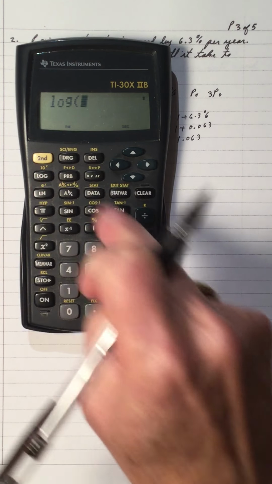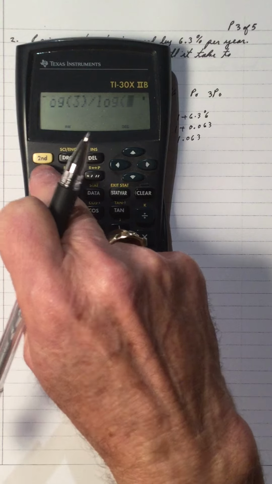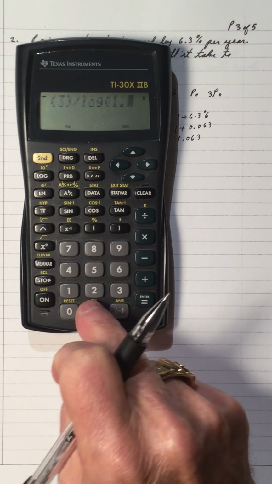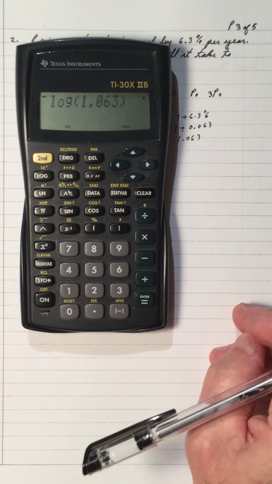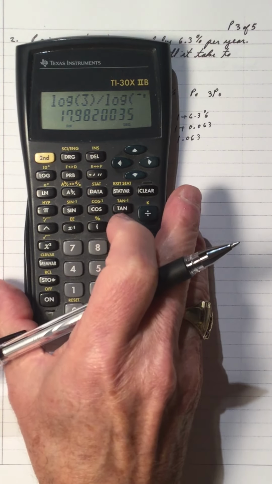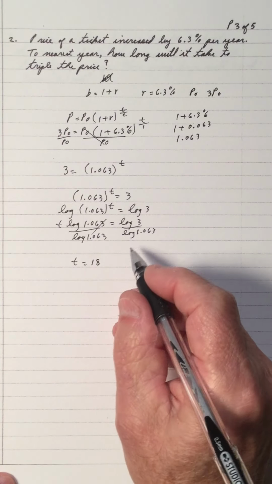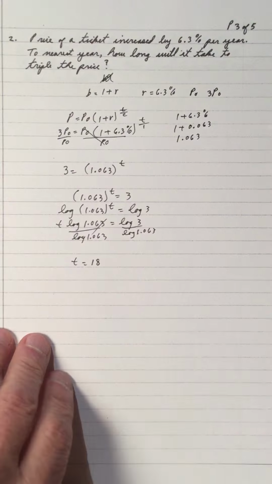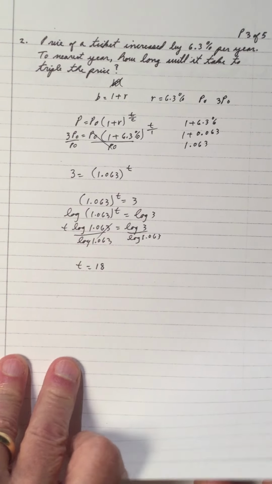We have the log of 3, and we divide by the log of 1.063. And it comes out to 17.98, and that's close to 18. Hopefully you can visualize and understand everything that's happening.